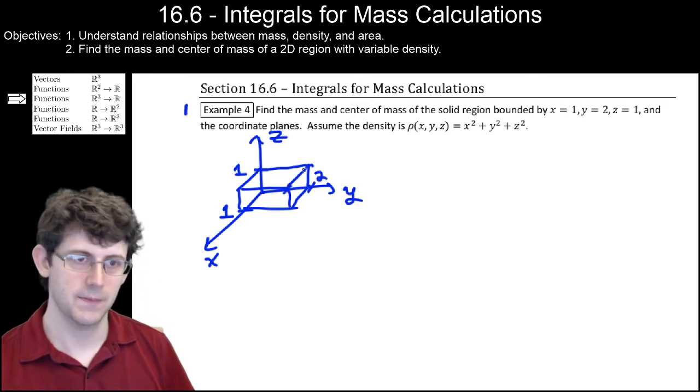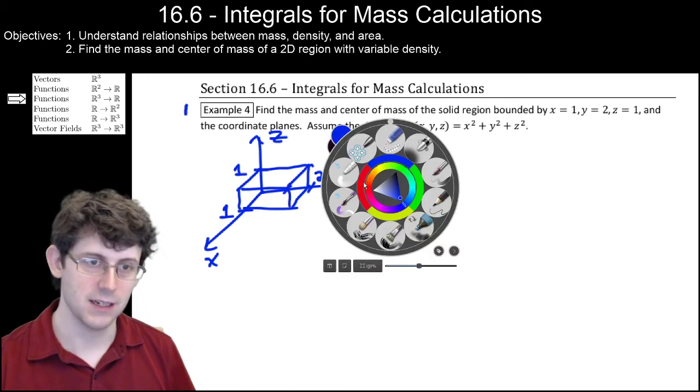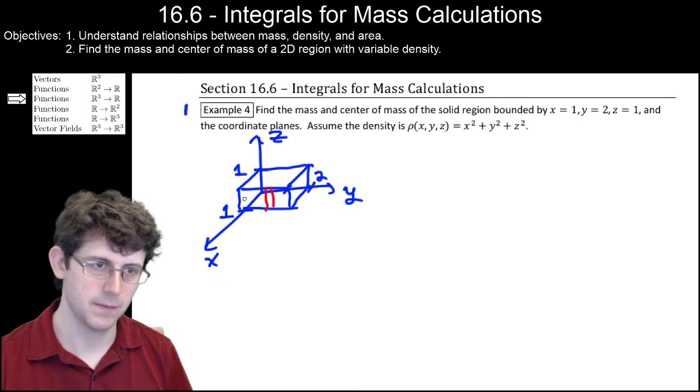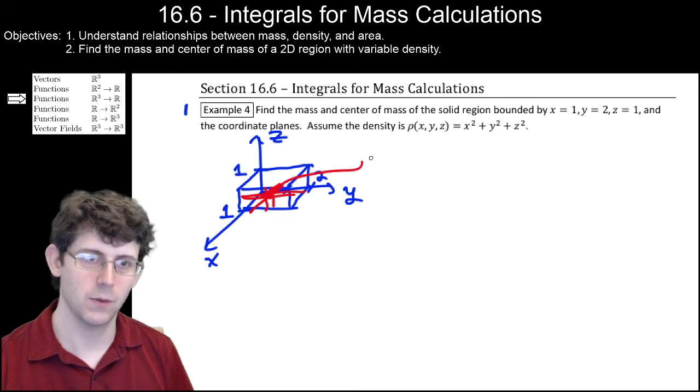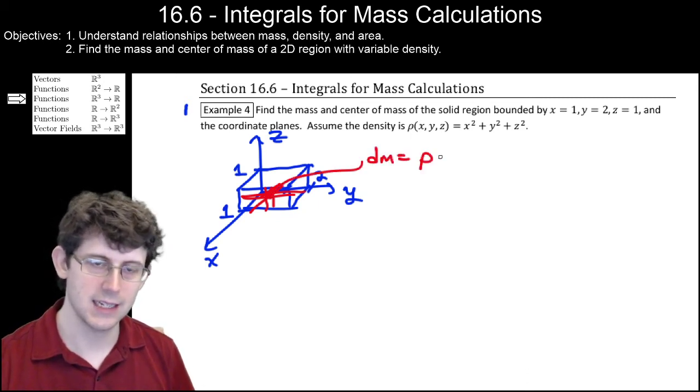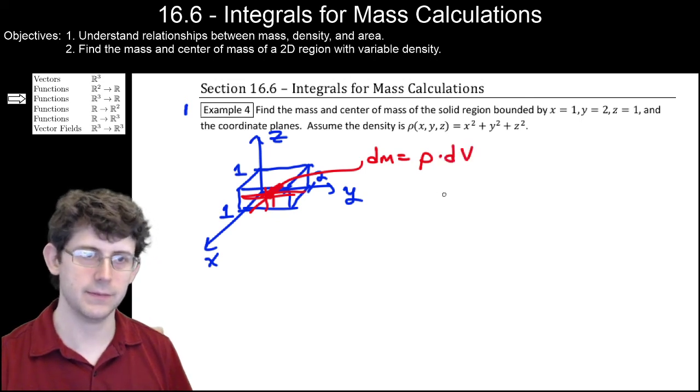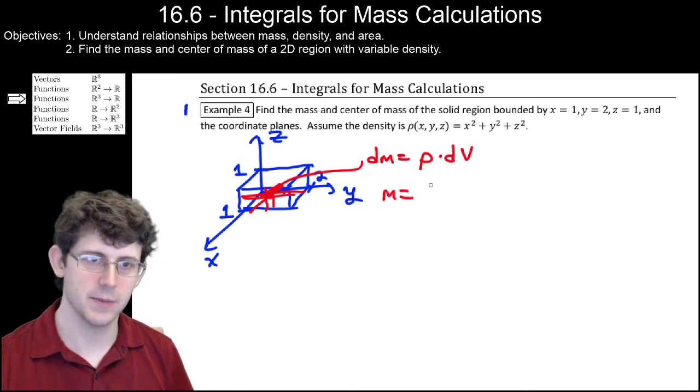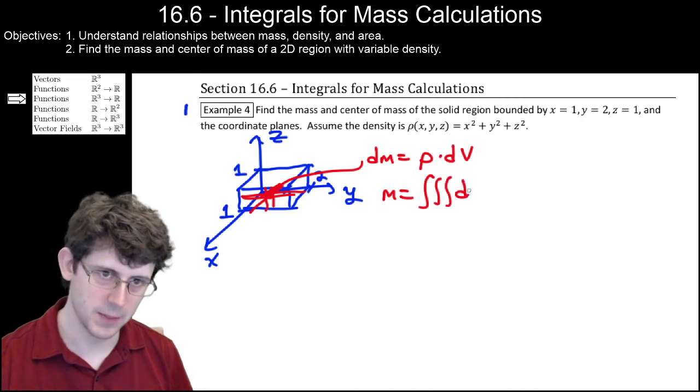This is our region. A little bit of that region, if we slice it up, would be a little tiny cube with mass density times volume. So the mass is going to be integrate the little bits of mass.